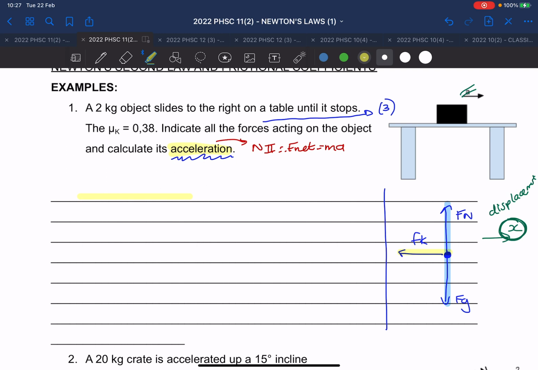Now, your common sense is kicking in, right? I pushed that trolley and it went slower and slower and slower until it stops. What type of acceleration will we have? We will have deceleration. Because it comes to a stop, it is slowing down, which means it is negative acceleration.